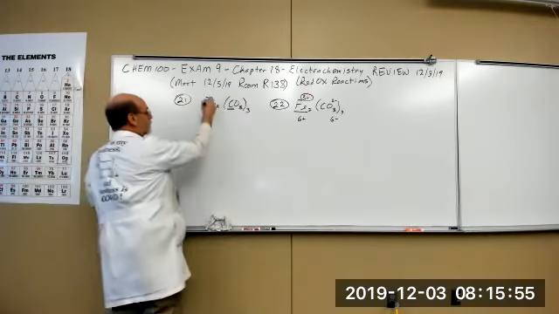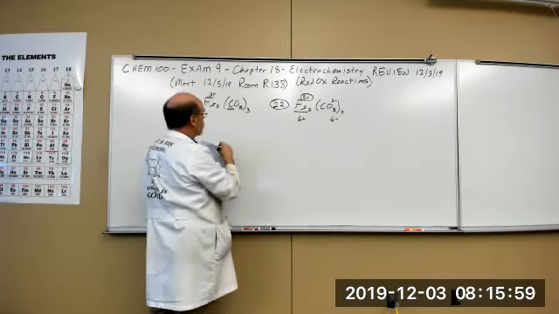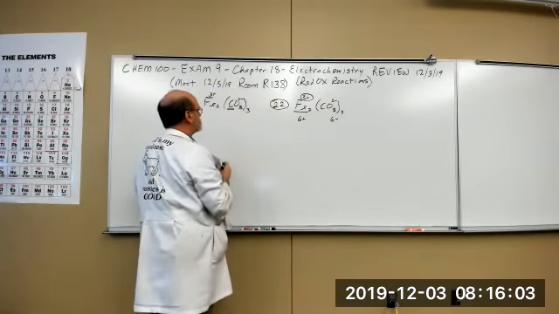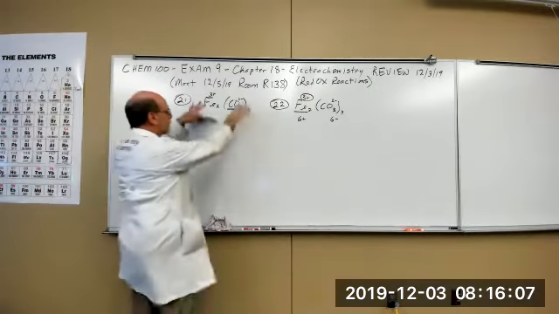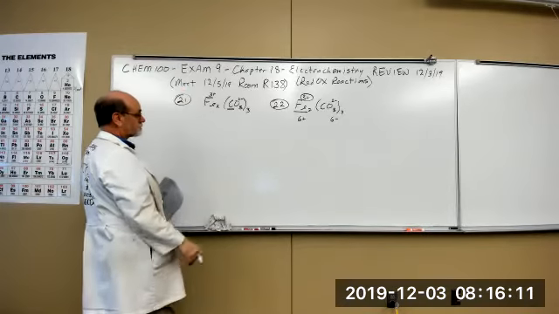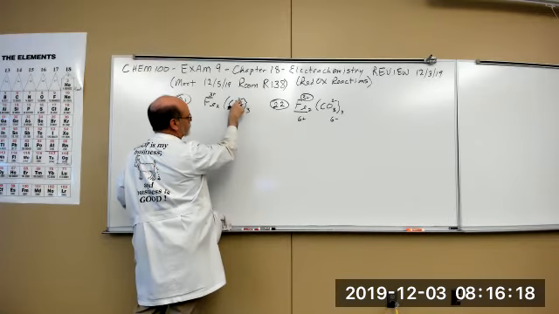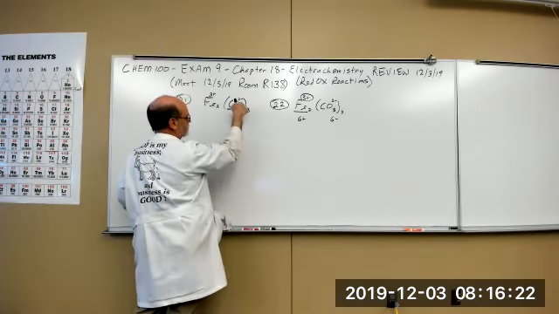Now that we know that iron is 3 plus, and we know that oxygen is 2 minus, we can approach this 2 different ways. You can take it as a neutral compound and say, you've got 3 times 3 is 9 oxygens, is 18 minus charges.